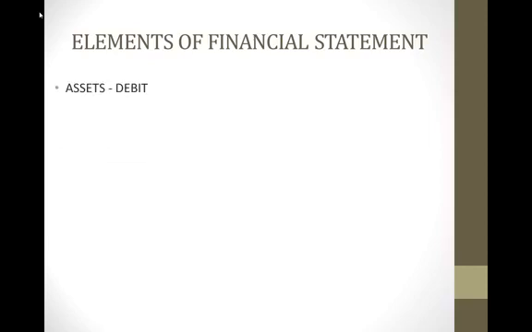First, assets. The normal balance of assets is debit. Assets may decrease or increase. When you say debit balance, meaning increase.